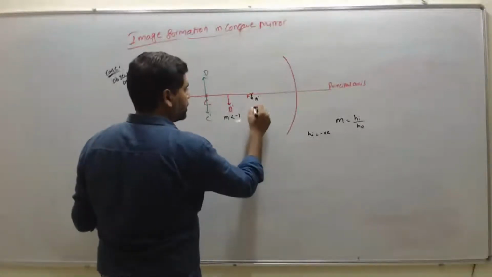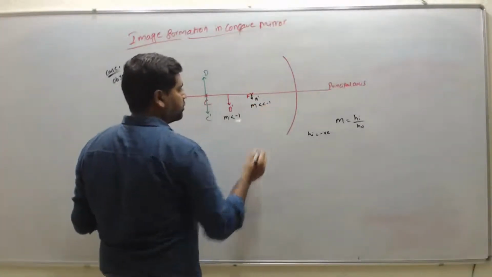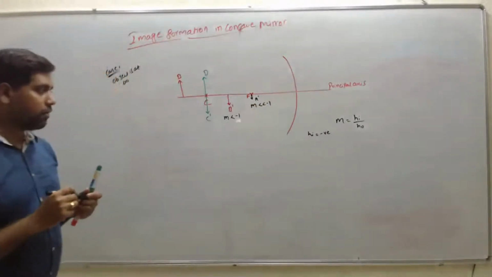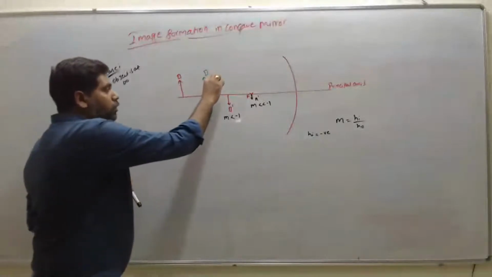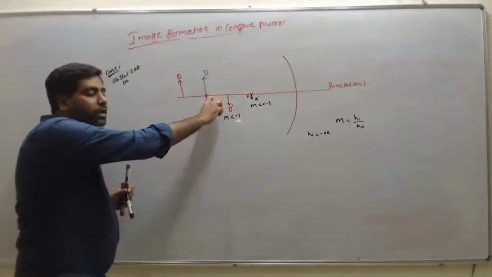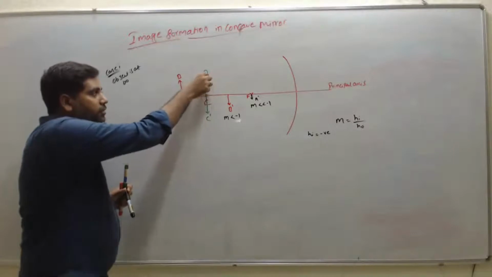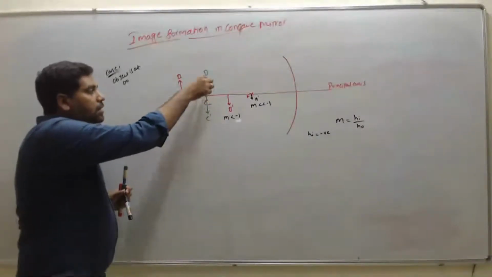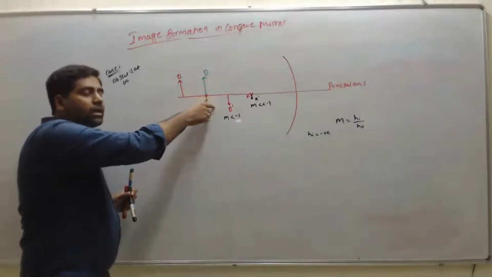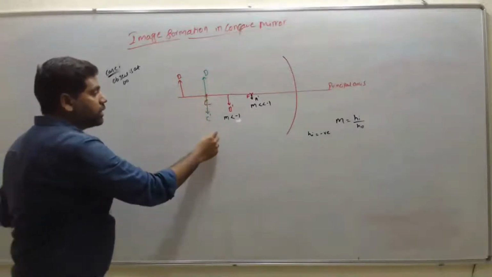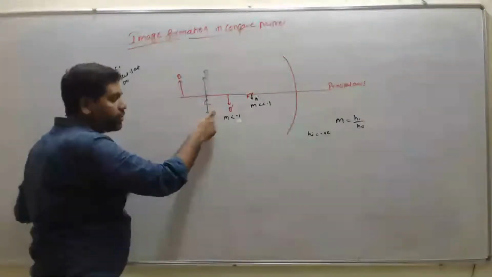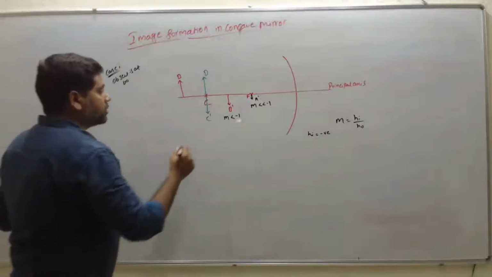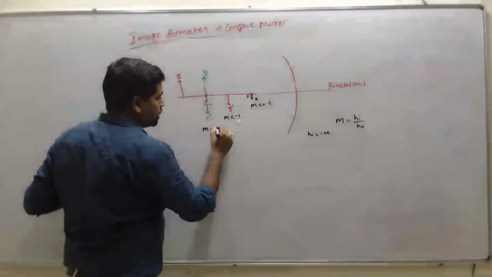At the center of curvature, if we place an object, the image is formed at the center of curvature, and the height of the object is equal to the height of the image. Here also the image formed is real and inverted, and the magnification M is equal to minus 1.